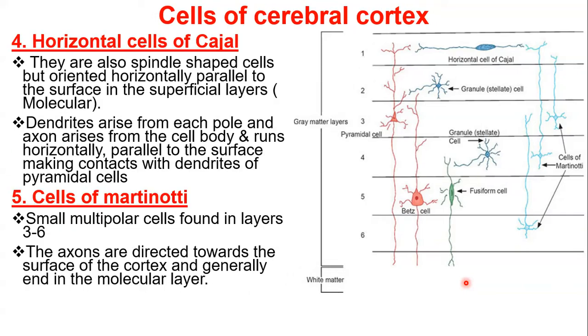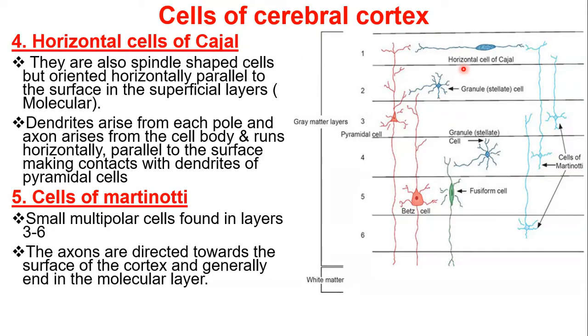So the fourth cell is the horizontal cell. Where is the horizontal cell? In the first layer you can see this blue colored cell is the horizontal cell. Their body is also spindle in shape but oriented horizontally and parallel to the surface of the superficial layer. They are present horizontally, that's why they are called the horizontal cells of Cajal.